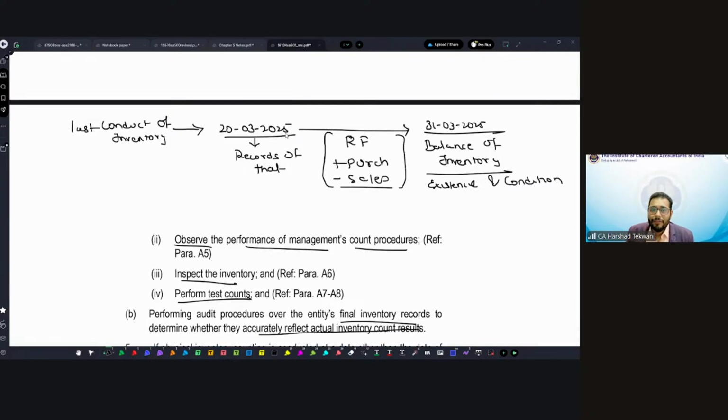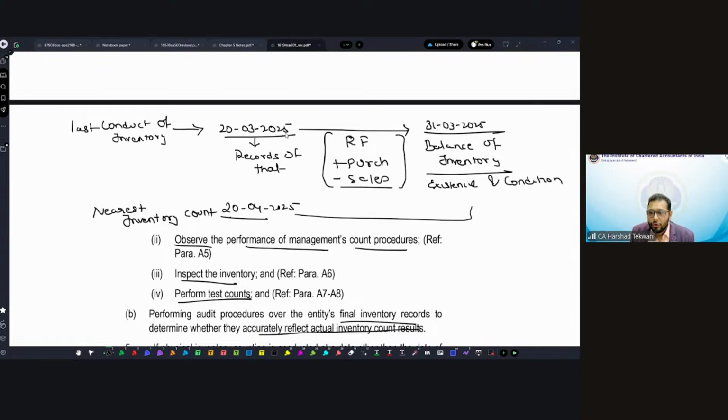Similarly, let's say the last inventory count was performed in 2025, but not anything before that. So the nearest inventory count I'm talking about is 24/4/2025.